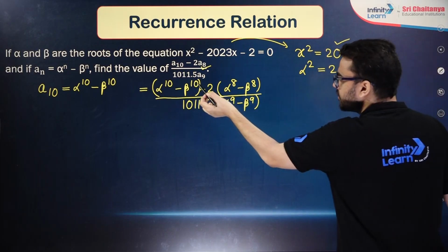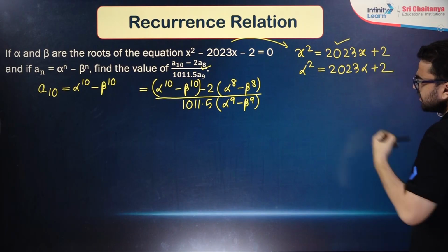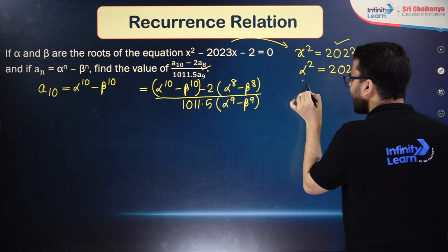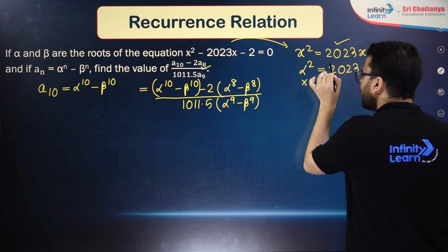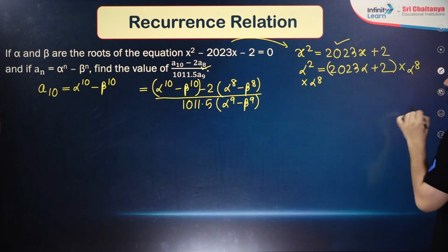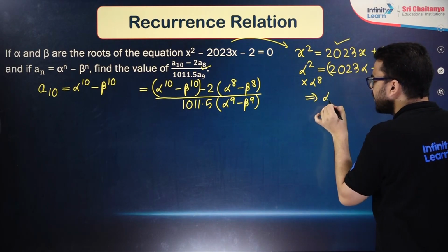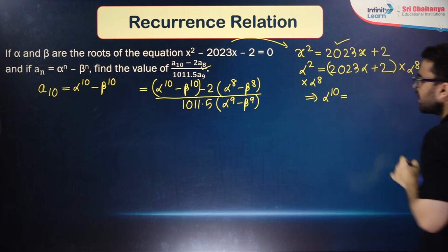Now we want a relation between 10, 8 and 9. So again, like the previous question, can I multiply by alpha raised to the power 8 on both sides of this equation? Alpha squared into alpha raised to the power 8 will give you alpha raised to the power 10.